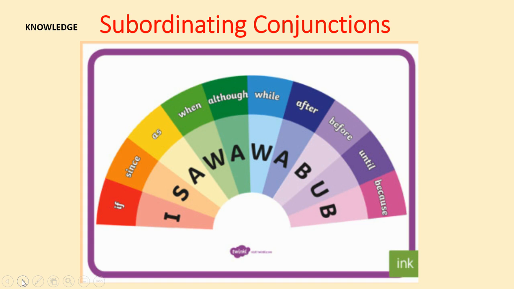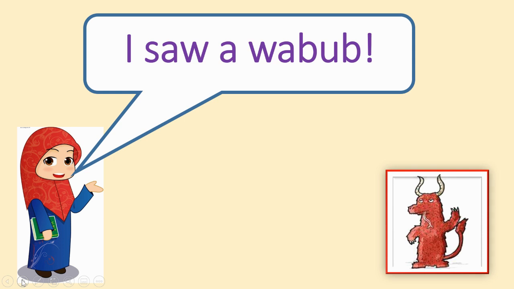Okay, now you're probably thinking to yourself, well, how can I ever remember all of those words? Well, there's a little trick. This is an acronym. If we remember "I saw a wubub", that's a wubub there. See that little monster there? Did you know that was a wubub? Or do you think maybe that's a bit made up? Well, it is made up.